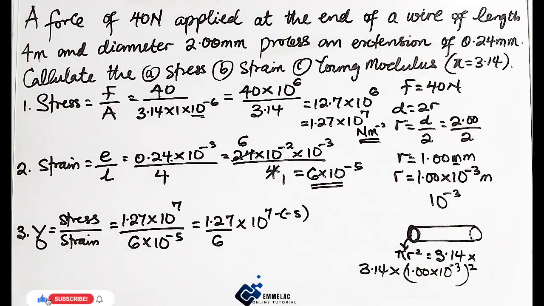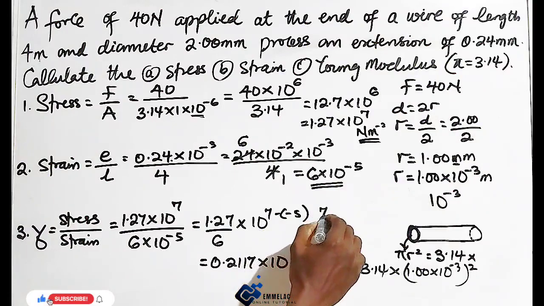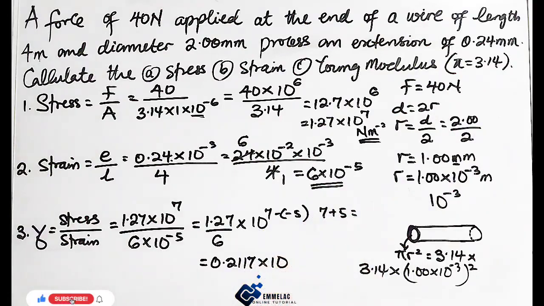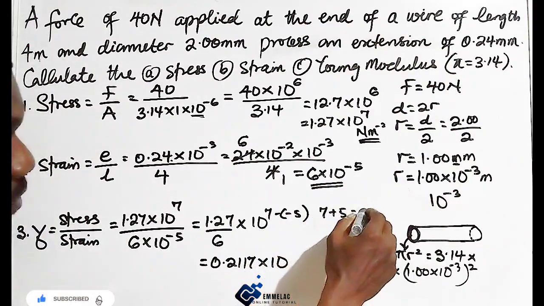1.27 divided by 6 will give us 0.2117 approximately, then times 10 raised to the power of, here we now have 7 plus 5, and that should give us 12.